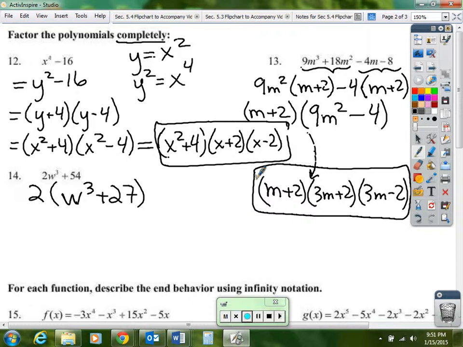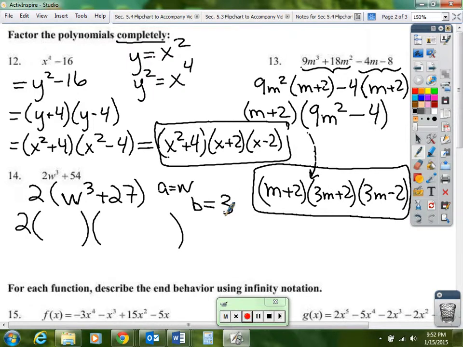Down to our sum of cubes formula, we have 2 times one set of parentheses times a larger set of parentheses. Our job is to determine what are A and B from the formula. You can look up the formula in your notes. In this case, A is equal to W and B is equal to 3.